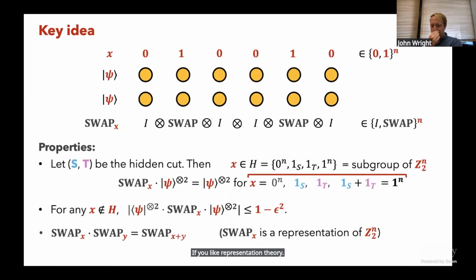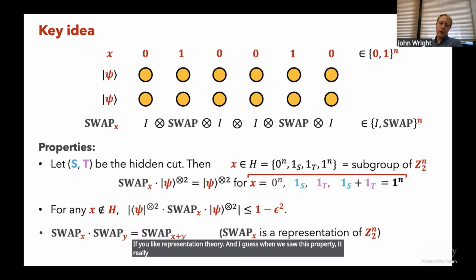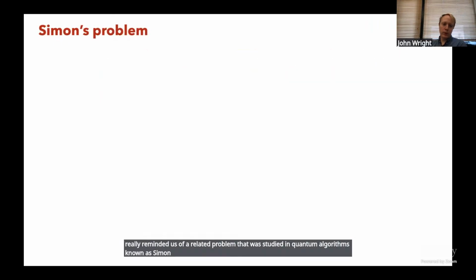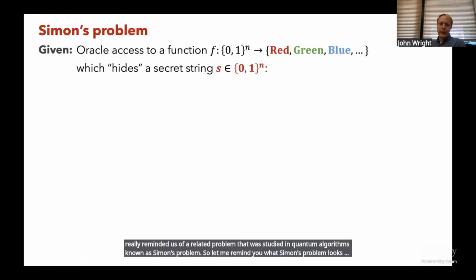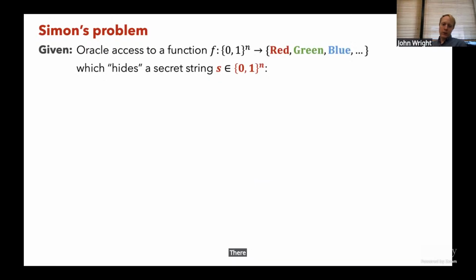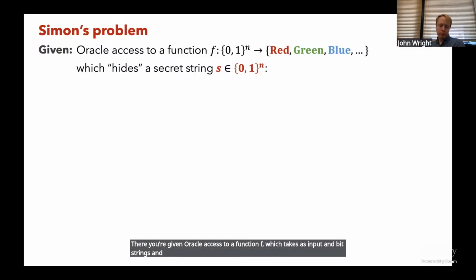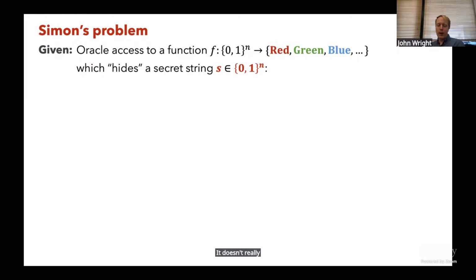And I guess, when we saw this property, it really reminded us of a related problem that was studied in quantum algorithms known as Simon's problem. So let me remind you what Simon's problem looks like. There you're given oracle access to a function f, which takes as input n-bit strings and maps you into some output set. It doesn't really matter what it is. You can imagine it's colors, red, green, blue, and so on.